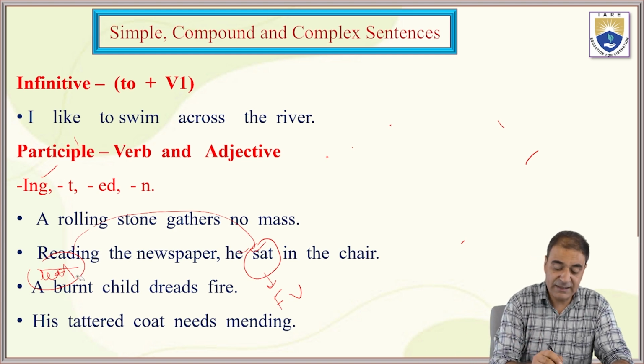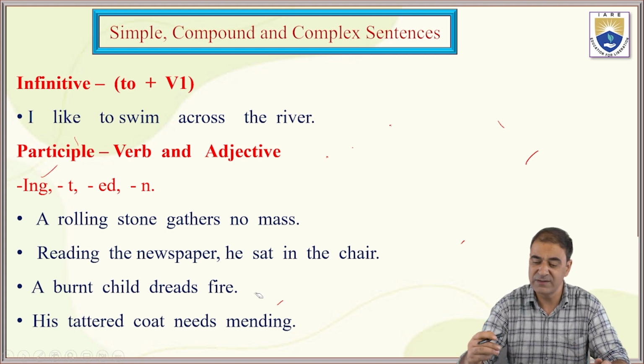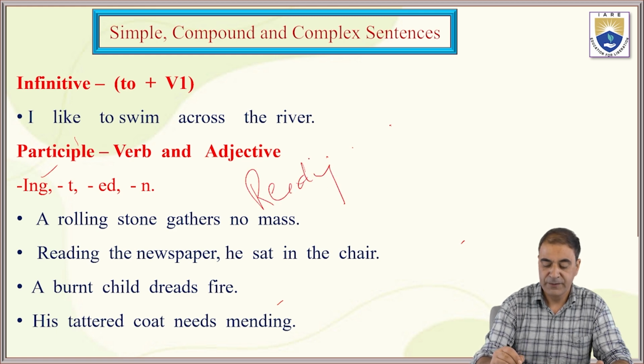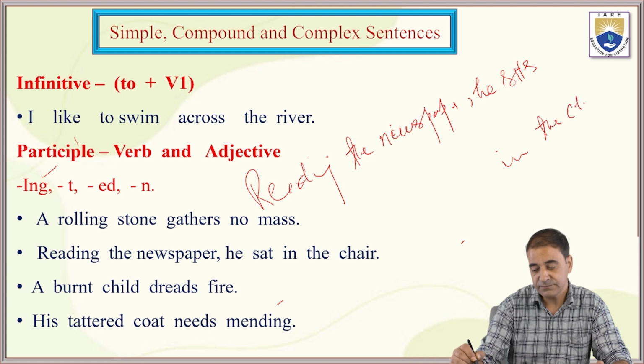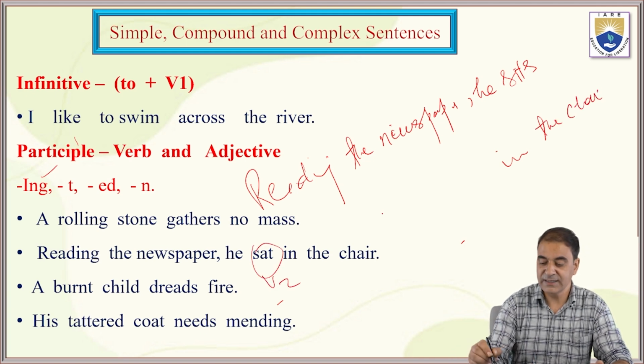And this reading, it doesn't show time of an action. Now change the tense of the sentence and it will not change. It will always remain the same. For example, if I write here like this, reading the newspaper, he sits in the chair. Now the first sentence we have sat, verb in second form. Here we have sits. This is verb in first form.